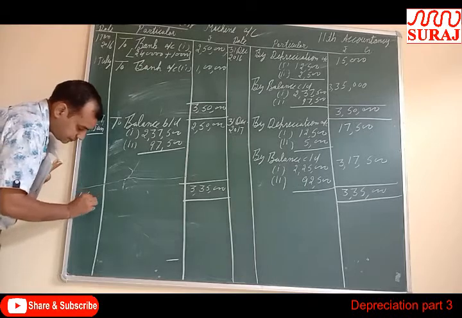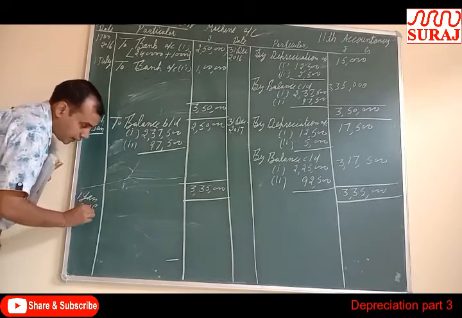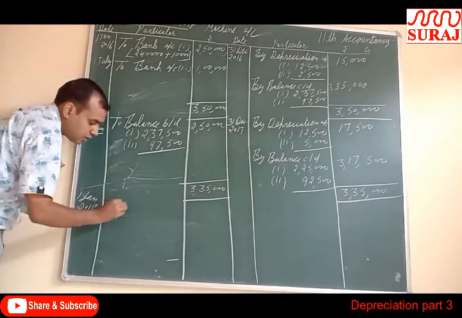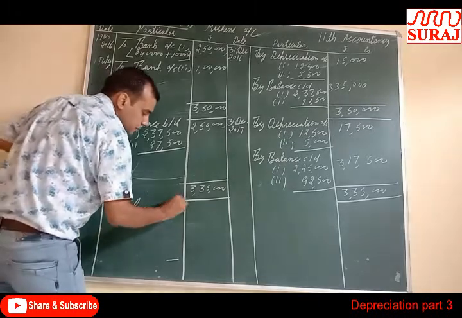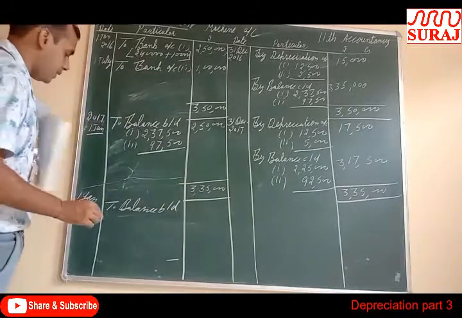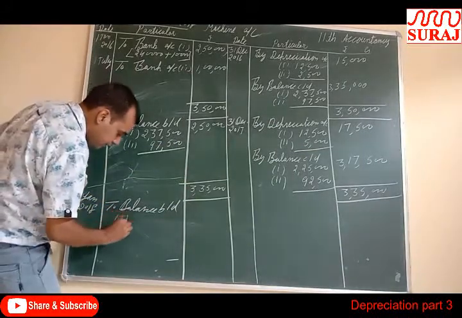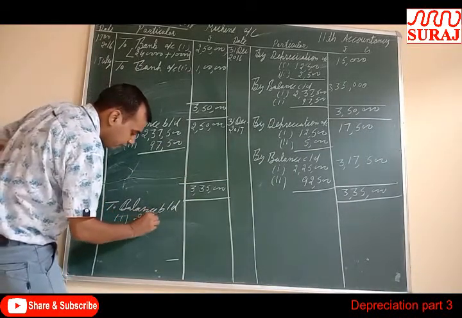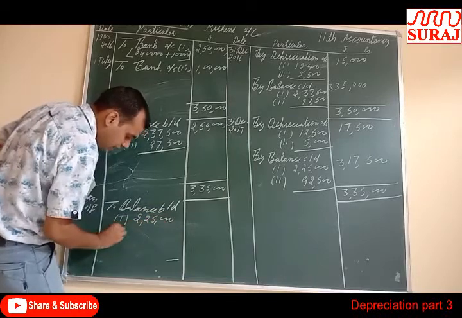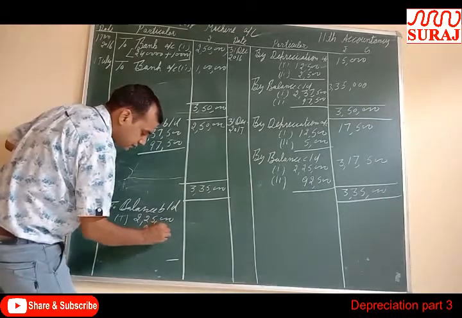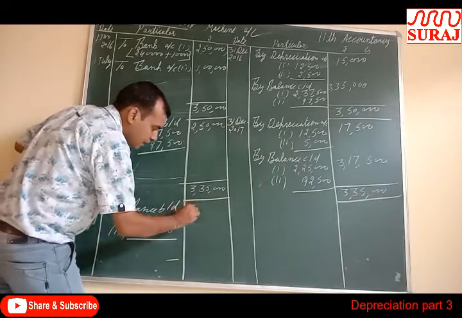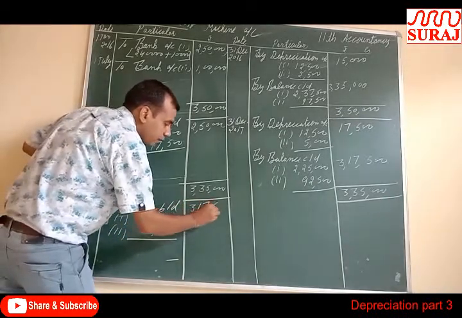1st January 2018, to balance b/d. First machine 2,25,000, second machine 92,500, total 3,17,500.